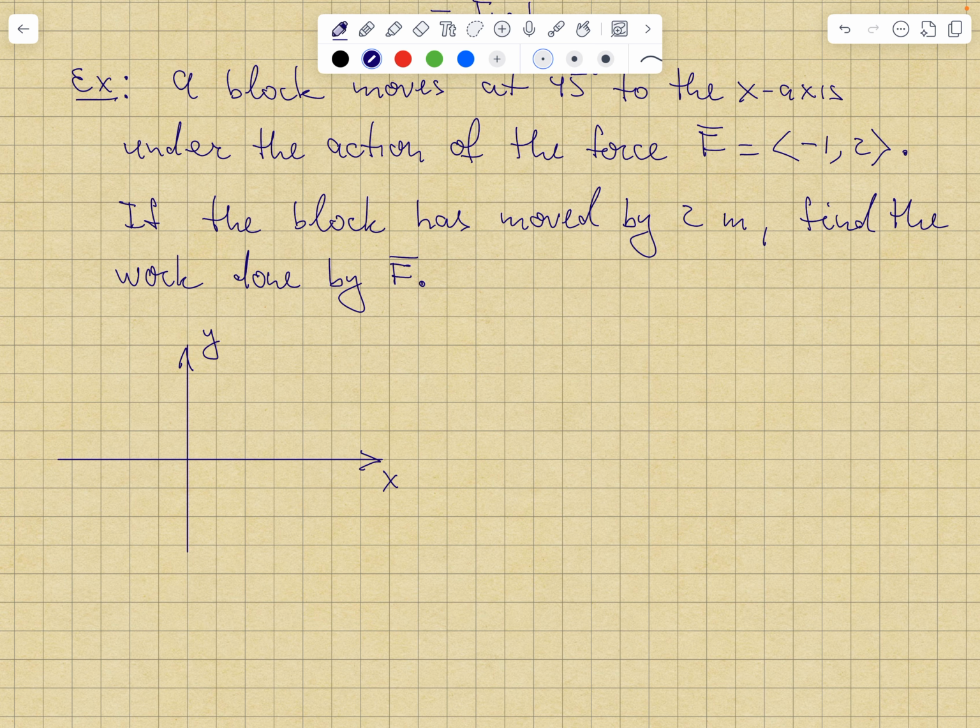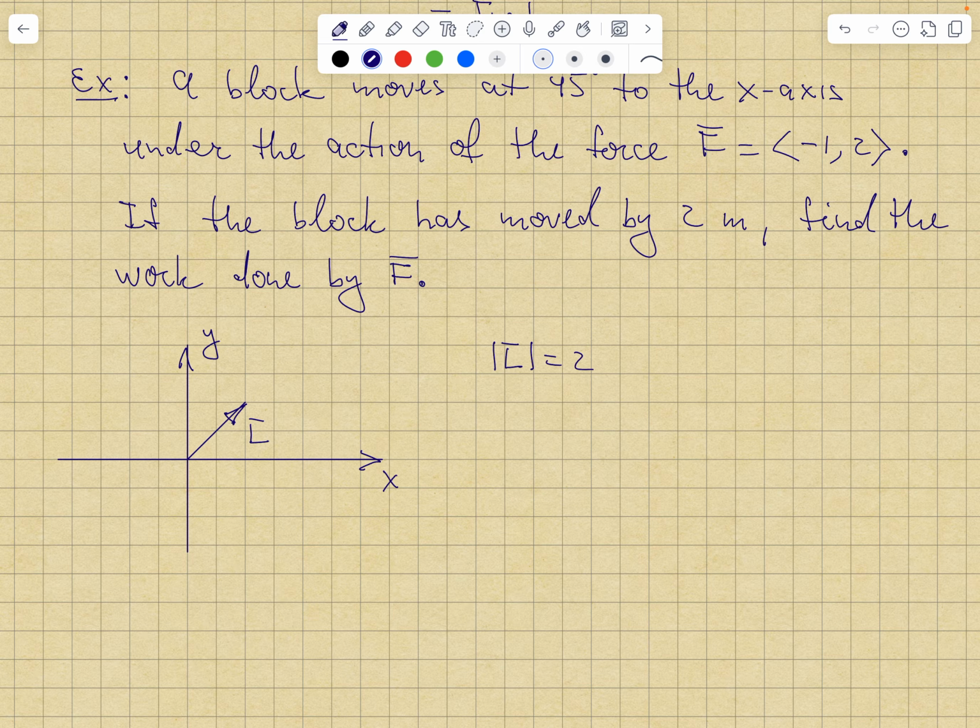It doesn't matter actually where the displacement starts, so let's start it at 0. So this is my displacement vector L. So I know that the magnitude of L is 2.